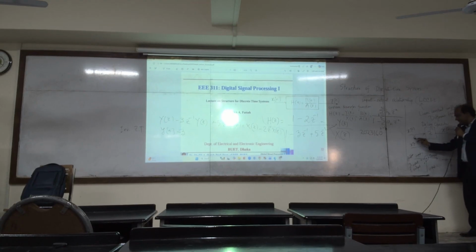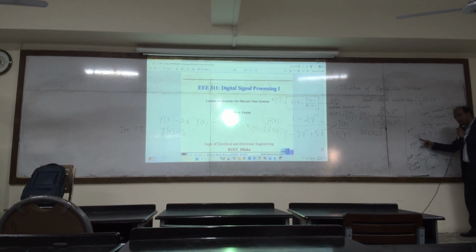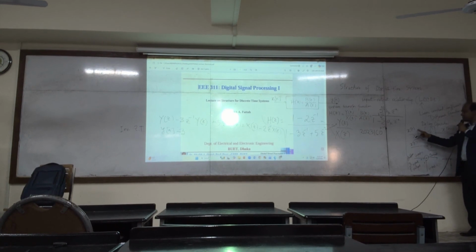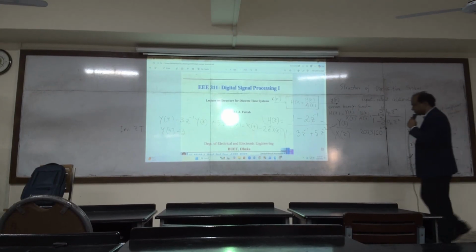Basically, x(n) is X(z), and this is the Z domain. This is also the Z domain. Time-domain convolution is Z domain multiplication. So the output is z inverse times X(z), which is x(n minus 1).